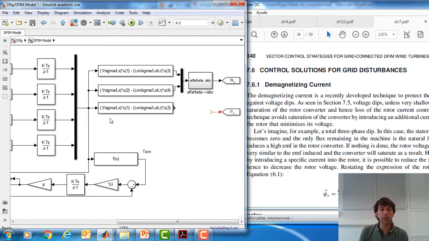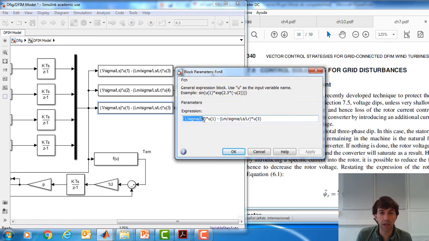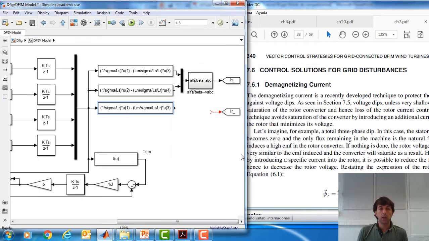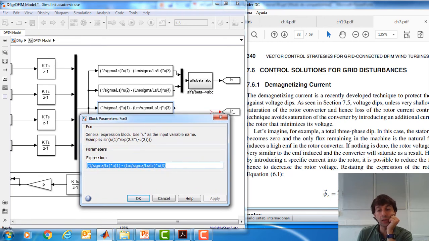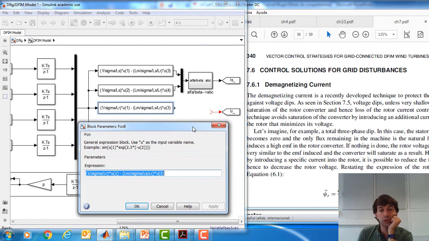Let's connect it properly. So in here we have sigma divided by Lr. And here we have, let's think, rotor current is going to be positive for the rotor current. And sigma Ls.